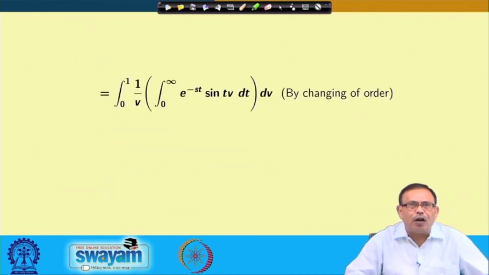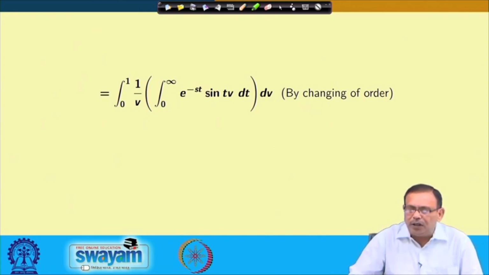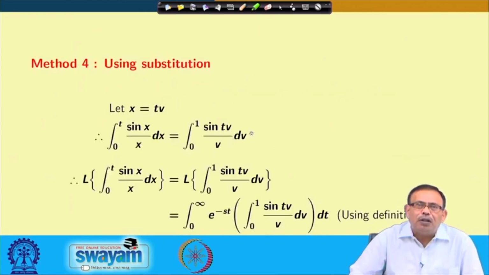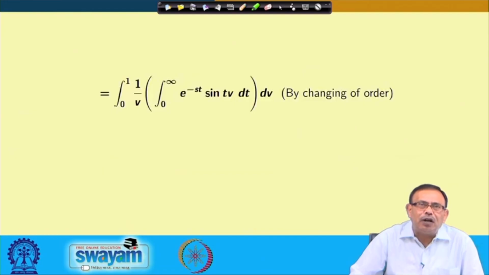I can change the order of the integration without changing the value, so that I can interchange dv and dt. In the earlier case it was dv dt, now I am changing the order, so that it has become dt into dv, integral 0 to 1 of 1 by v into this, and this equals integral 0 to 1 of Laplace transform of sin t v by v, because integral 0 to infinity of e power minus s t sin t v dt is nothing but this one.